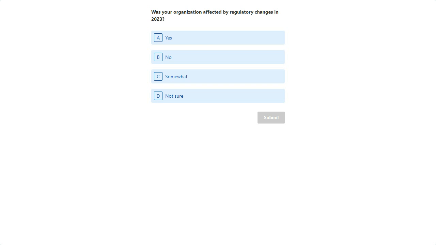Greg, we have a question here from the audience that we could go ahead and answer. The question is, who in the organization should be responsible for identifying all the laws and regulations that we need to follow? Okay, well, most often this is going to be a compliance team. Sometimes this is actually a combination of legal compliance, legal risk and compliance.